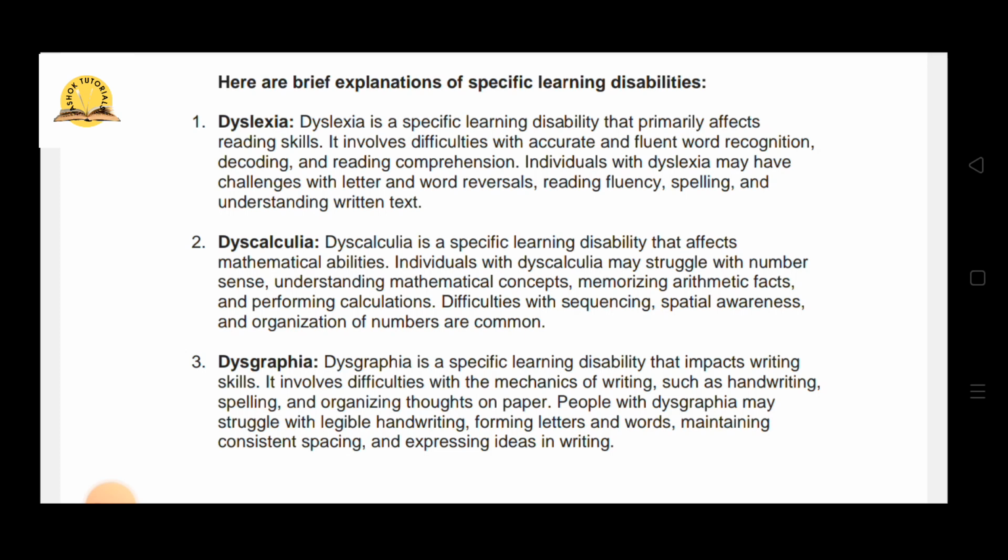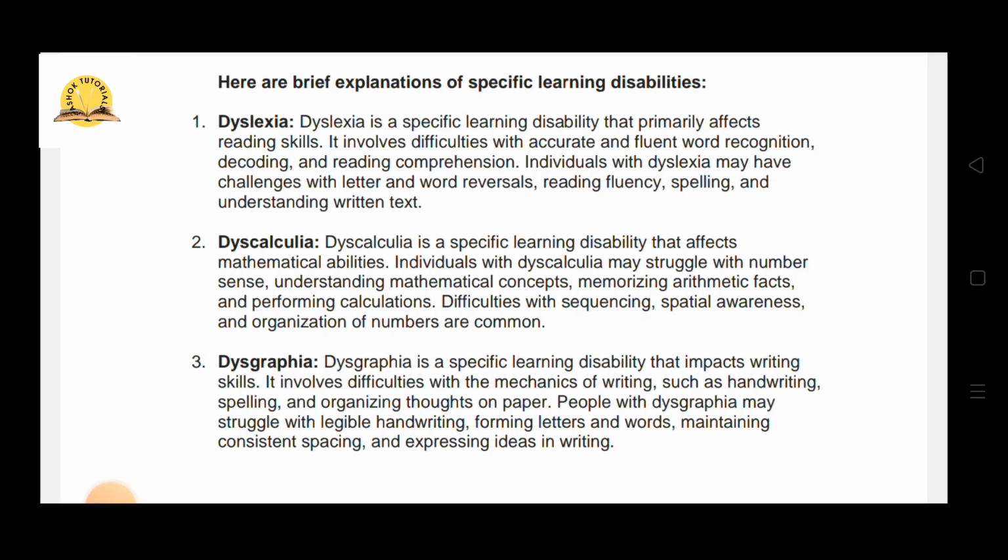An individual with dyslexia may have challenges with letter and word reversal, reading fluency, spelling, and understanding written text. So these are certain difficulties a person with dyslexia may have, like spelling, he or she might not be able to write. One more example was given there: we write W-A-S, was, right?